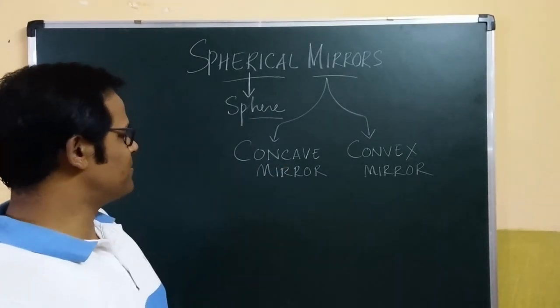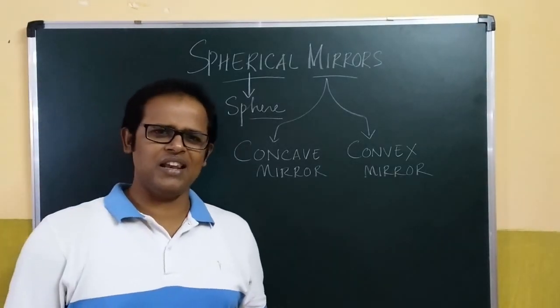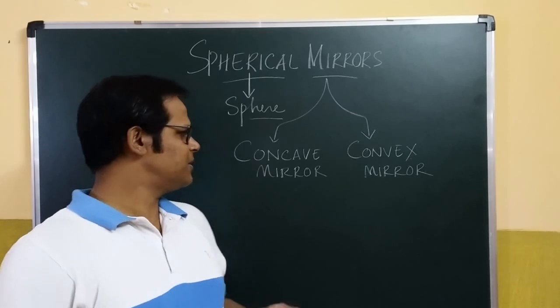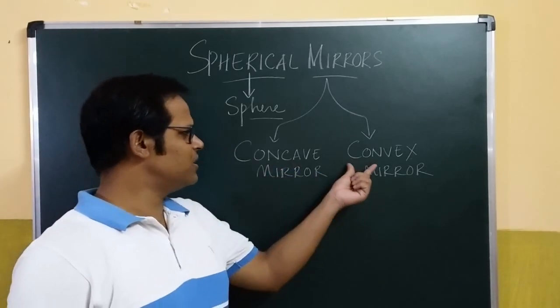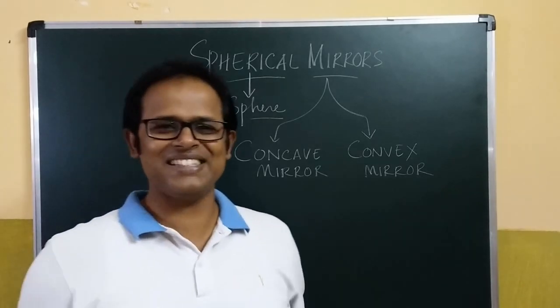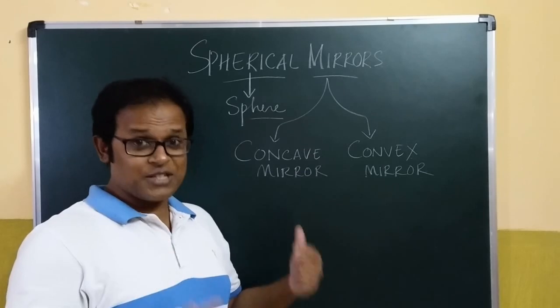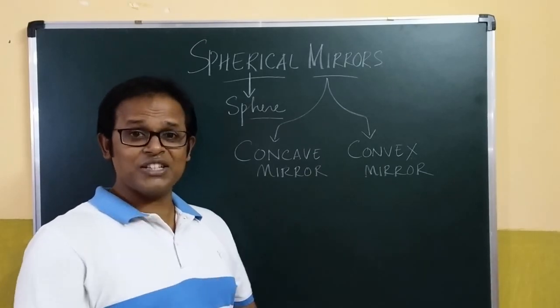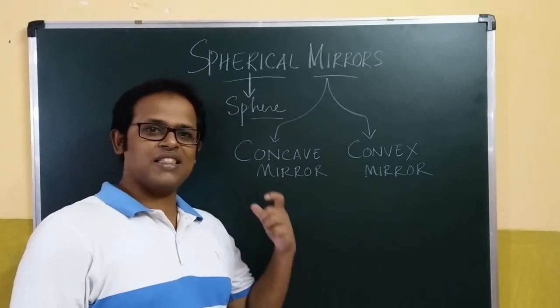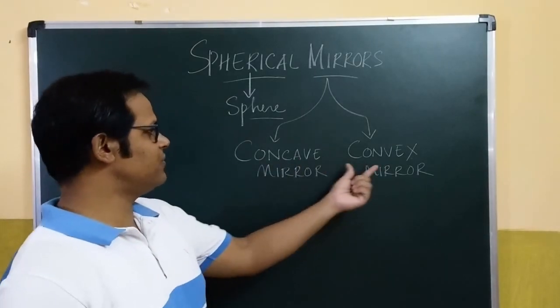Most of the students I found in my teaching career of the last 15 years tend to get slightly confused, particularly in exams, which is a very common tendency of any student if you haven't practiced properly or haven't understood the differences and the concept hidden in these mirrors. Concave, convex.